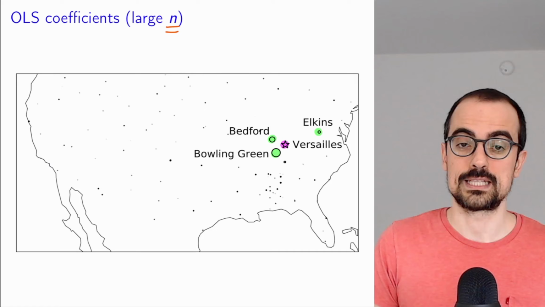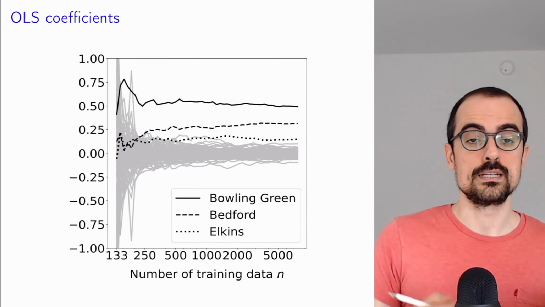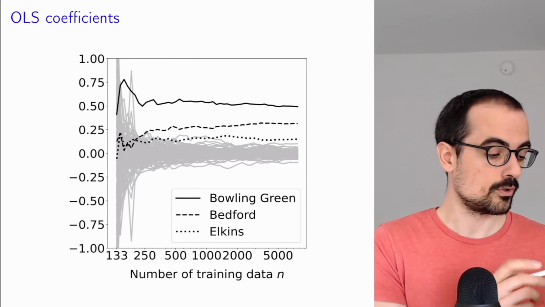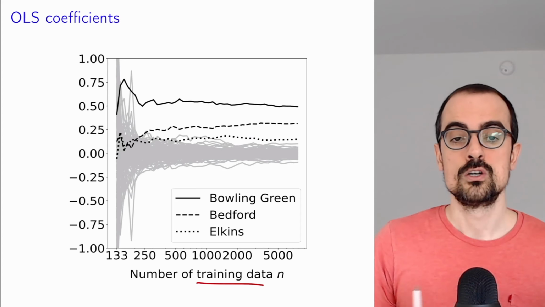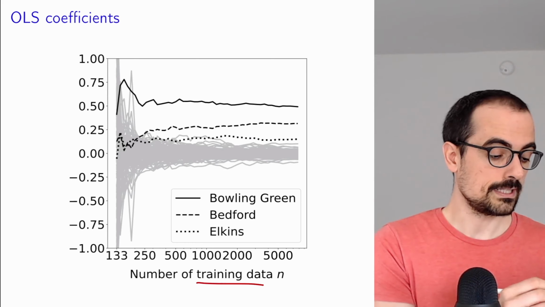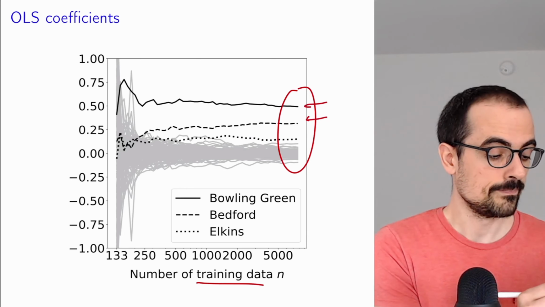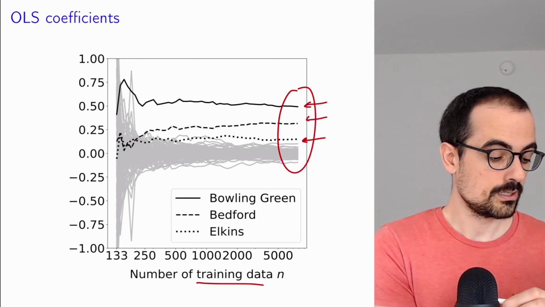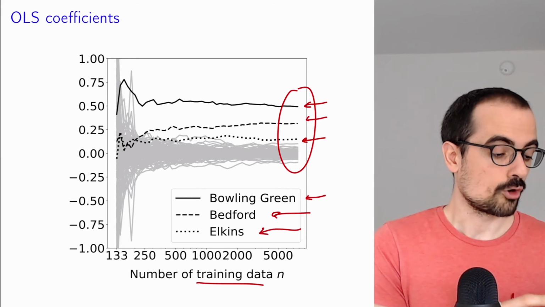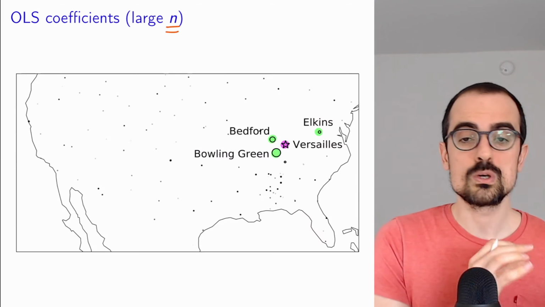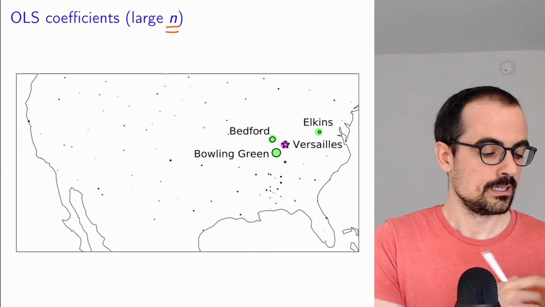This happens when we have a lot of training data. Now let's take a look at what happens when we have different amounts of training data. Here I'm plotting the linear coefficients for different amounts of training data. That's the horizontal axis. When we have a lot of data, what we observe is that there are three coefficients that dominate, and those three coefficients, represented by these three black lines, correspond to the ones that are geographically close to the response.